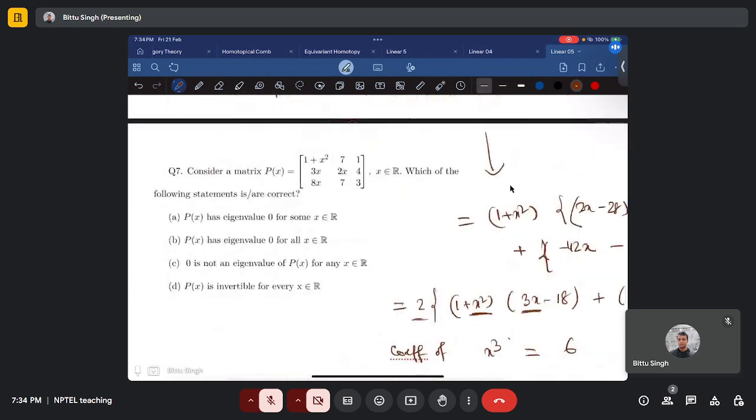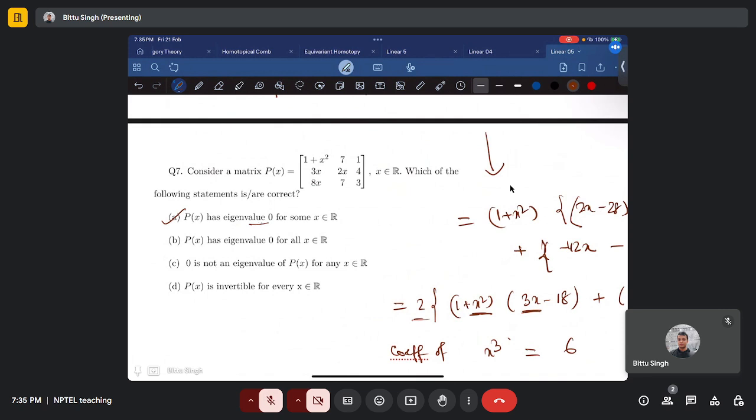So from here it is clear px has eigenvalue 0 for some x. So there are three different possibilities of x. Those three can also be the same, any two of them can be the same, but there are a few possibilities for which determinant px equals 0.